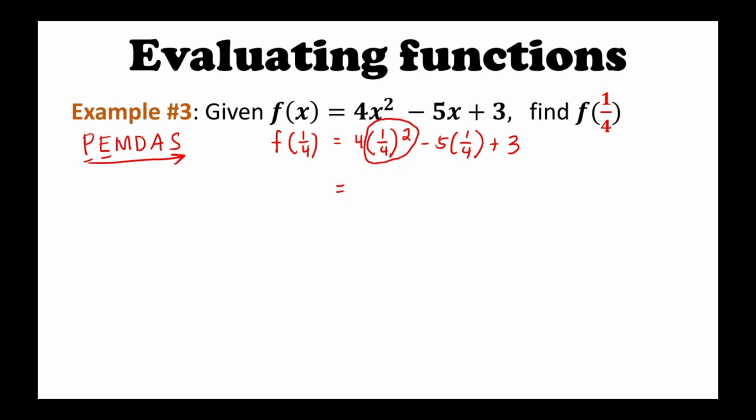So if we're going to process this one, so bring down natin yung 4, then 1 square is 1, 4 square is 16. Then, bring down natin yung negative 5 times yung 1/4, then plus yung 3. Okay? So, in this case, multiplication naman tayo.